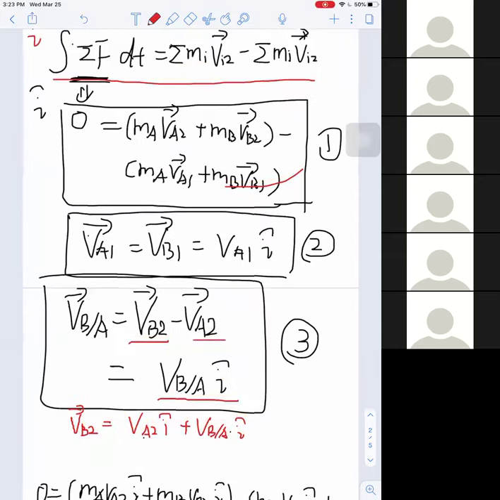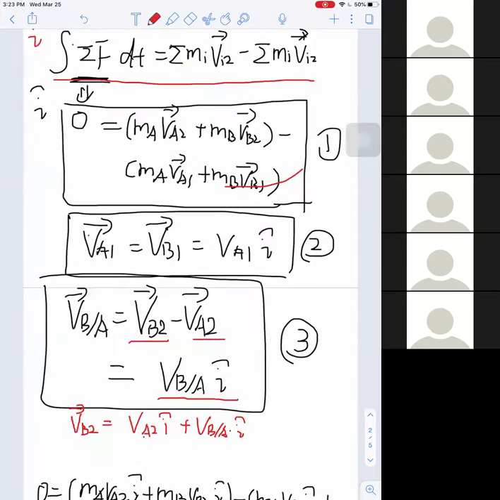Okay. Now we have these three equations, and we can plug both 2 and 3 into 1. Equation 2 tells us vA1 and vB1 are the same, so we can replace them both with vA1. And we can also use equation 3 to substitute vB2 in equation 1. So vB2 is here, and we can substitute this term with vA2 and vB/A.